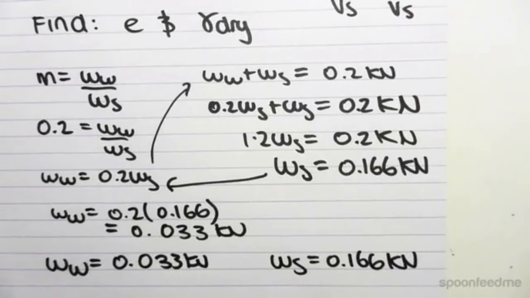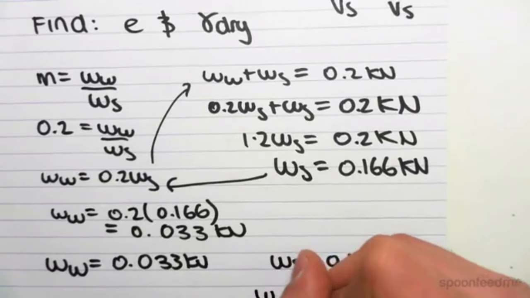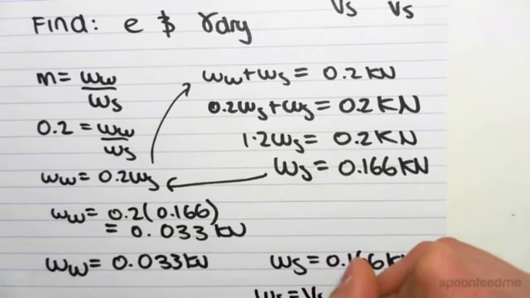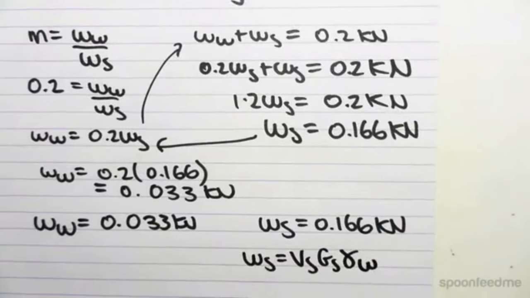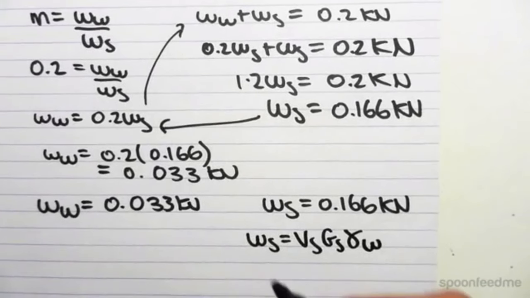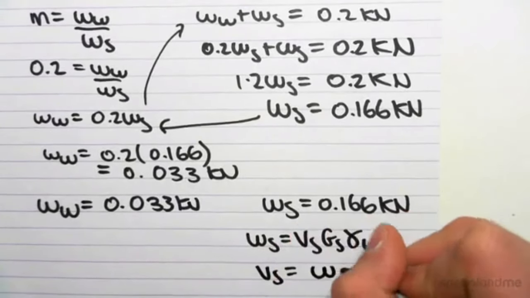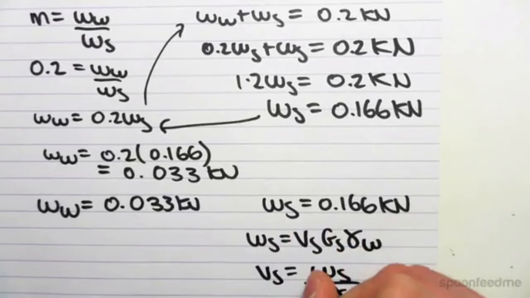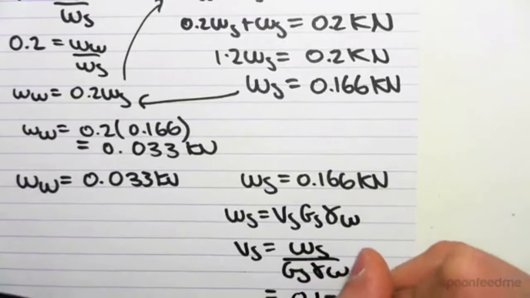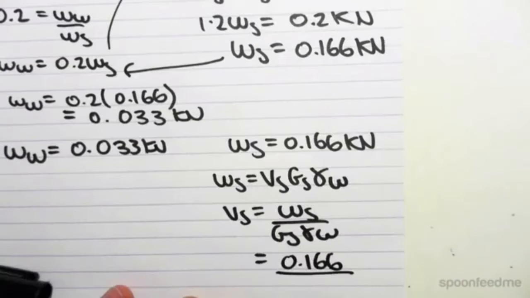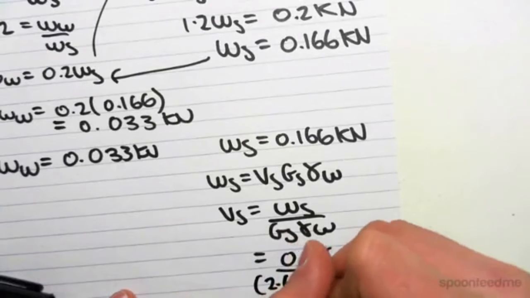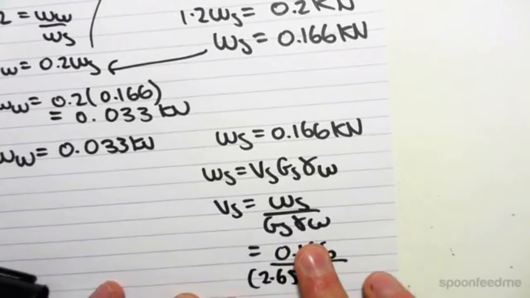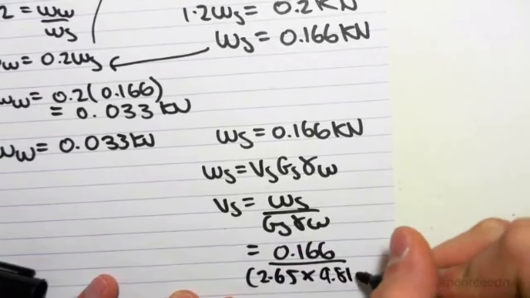We remember now that the weight of a solid was equal to its volume times the specific gravity times the bulk weight of water. We did this in the first video, which means we can now rearrange to get the volume. The weight of the solid is 0.166 kilonewtons on top of the specific gravity, 2.65, multiplied by gamma W, which is 9.81 kilonewtons per meter cubed.